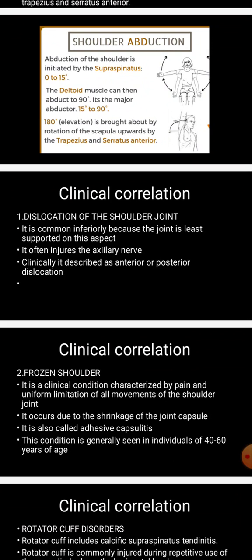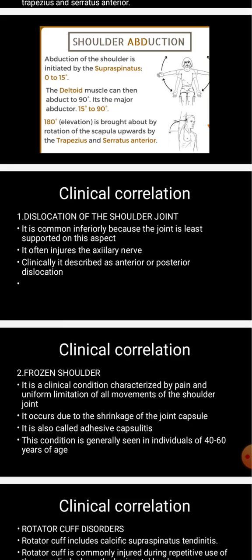Because of this, shoulder dislocation is common inferiorly, due to which the axillary nerve gets injured because it is related to the surgical neck of the humerus. Even though it is an inferior dislocation, in the clinical aspect it is described as an anterior or posterior dislocation. Please be very clear. So if a doctor says it is an anterior or a posterior dislocation, he mainly means it is an inferior dislocation of the shoulder joint.